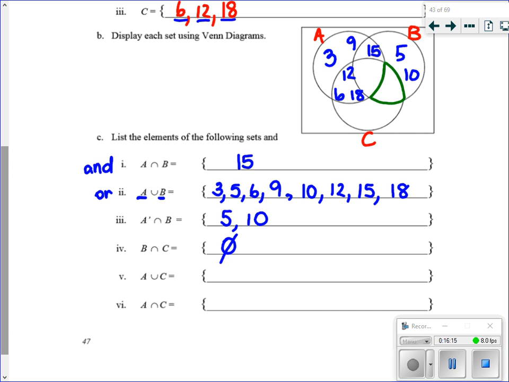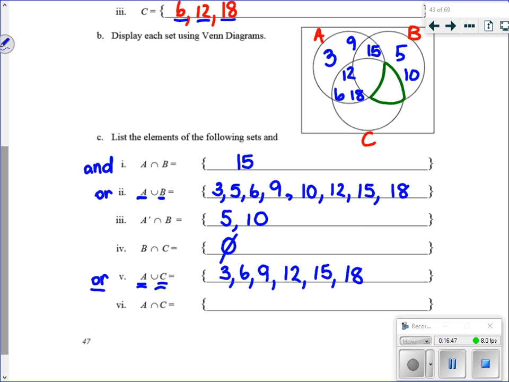Okay. A union C. That means it's in A, or it's in C, or it's in both. Again, in ascending order, that's 3, 6, 9, 12, 15, and 18.